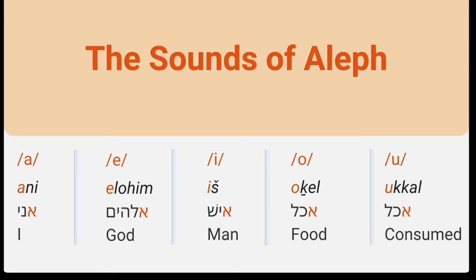Now, as a side note, there is another pronunciation to this word, and I'm going to go over that in my Reading Exodus 3 series in this channel. But all that to say, when we encounter an aleph in a Hebrew text, there is going to be some sort of vowel sound associated with it most of the time, either a, e, o, or u oftentimes.